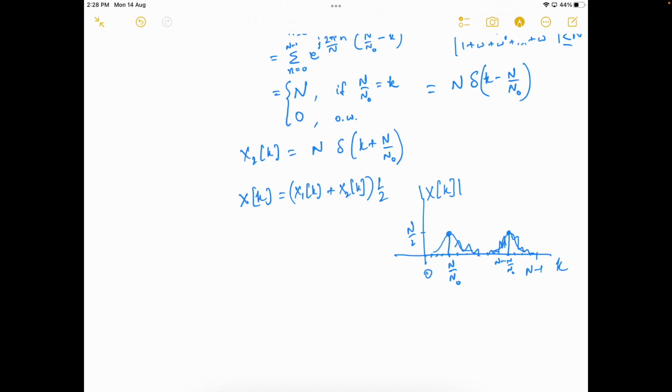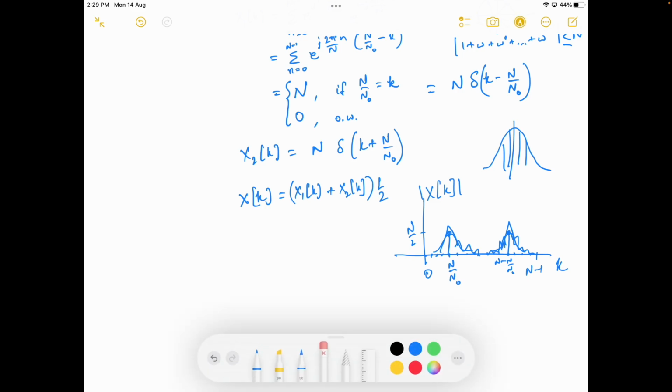But the peak will be here. If N by n naught is not an integer, you will not get exactly the peak, but you will get regions around the peak. I may not get this sample, but I may get these samples.